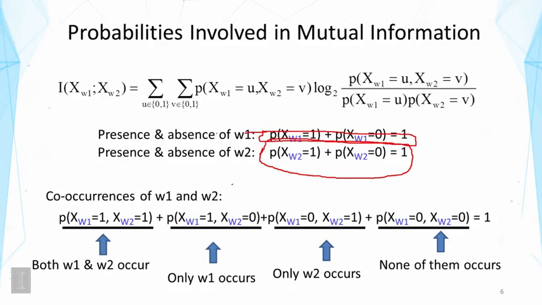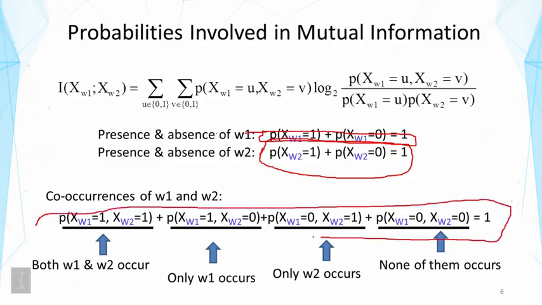And then finally, we have a lot of joint probabilities that represent the scenarios of co-occurrences of the 2 words, and they are shown here. Right? And they sum to 1 because the 2 words can only have these 4 possible scenarios. Either they both occur, so in that case both variables will have a value of 1, or one of them occurs.